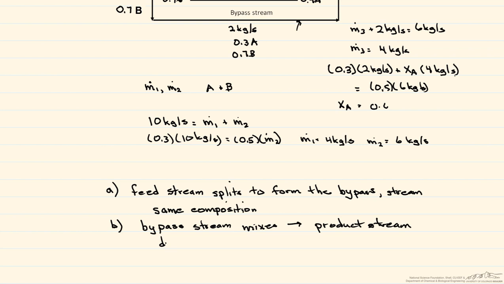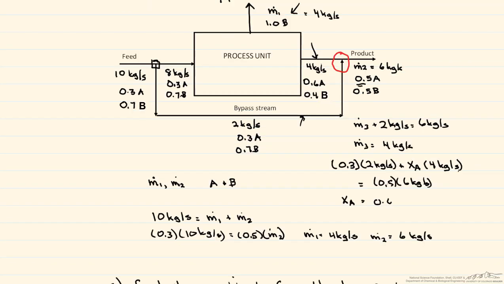And these streams have different compositions. As a final note, never assume that this feed stream up here splits equally into the bypass stream and the process unit stream unless you're specifically told that's the case.